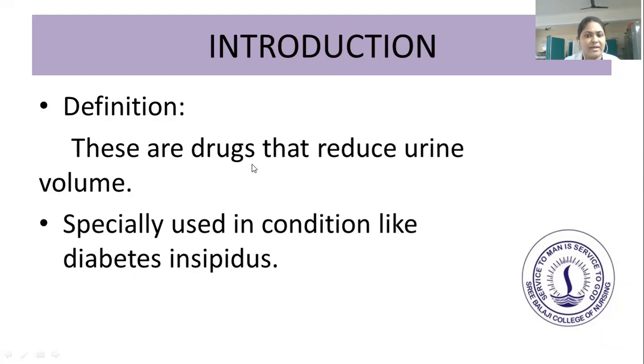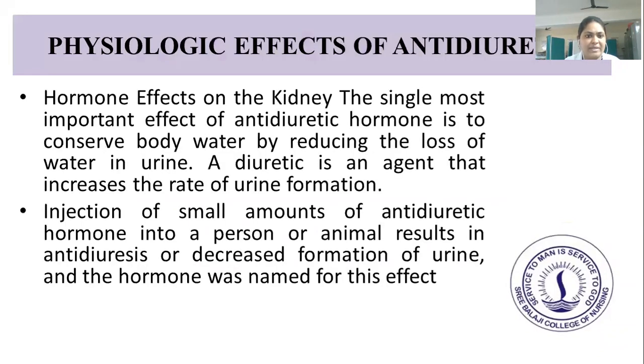So we'll see the definition of antidiuretics. These are the drugs that reduce the urine volume, which are mainly used in a condition called diabetes insipidus. Now we'll see the physiological effect of antidiuretic hormone. The single most important effect of antidiuretic hormone on the kidney is to conserve body water by reducing the loss of water in urine.